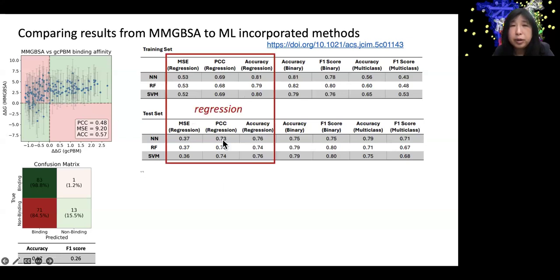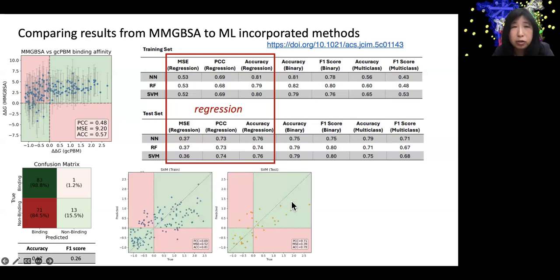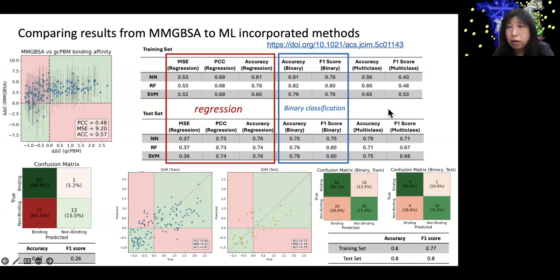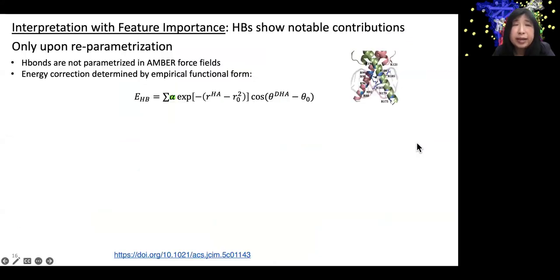But if we use a machine learning method for the regression, we improve the correlation notably, and for classification we also improve notably. So prediction is just one thing we want to achieve.